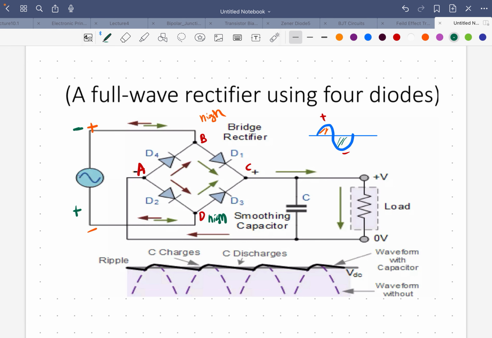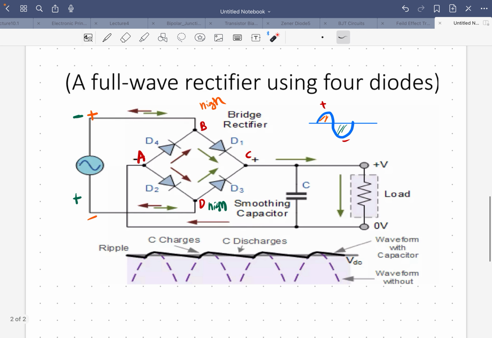So D has a higher potential than point A, so the current cannot move through this side, so it has to move through diode number 4 to point B. And the same story happens at point B. We cannot go from high potential to low potential, so we cannot move to point C. So from point B we'll go back again to the source.